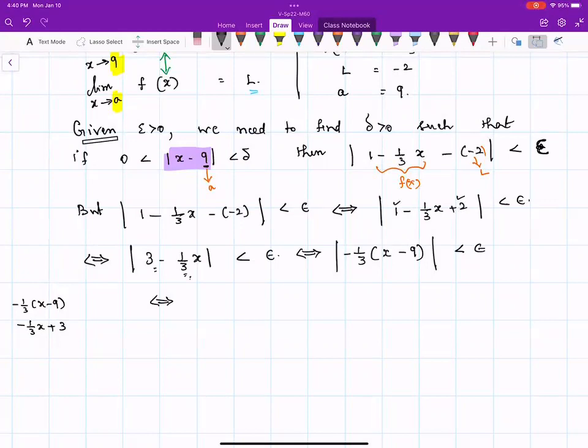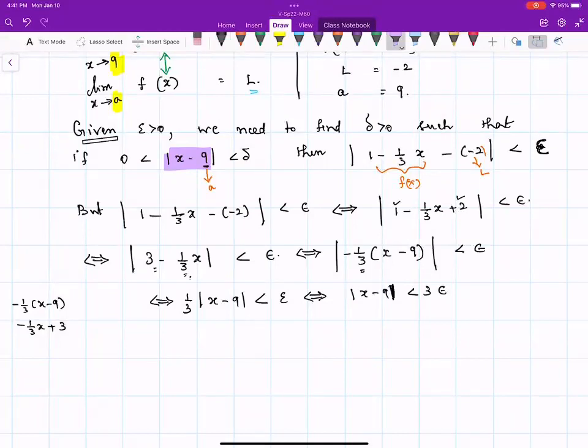So we can write this as, by the way, absolute negative 1/3 is 1/3. So it is 1/3 absolute x minus 9 is less than epsilon. This implies and is implied by absolute x minus 9 is less than 3 epsilon.